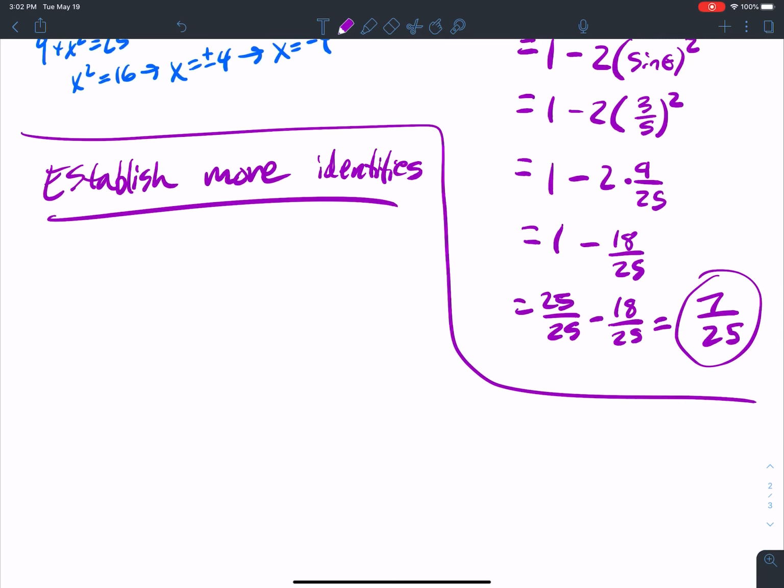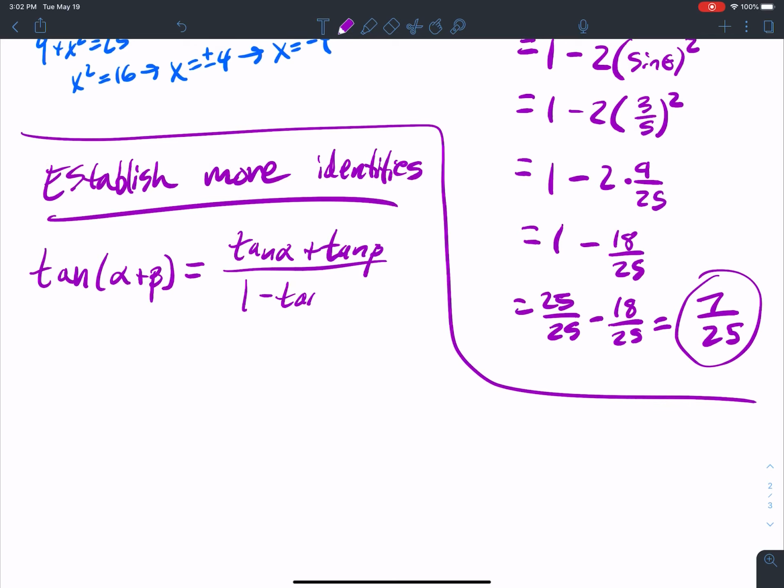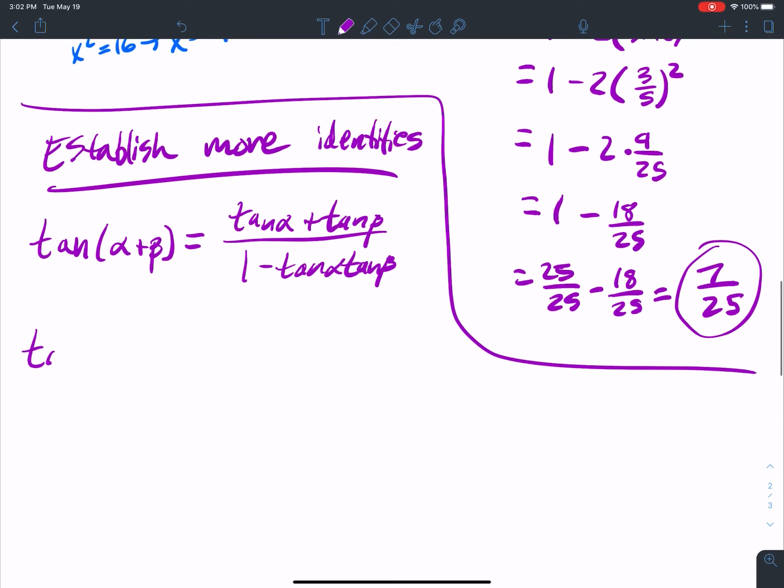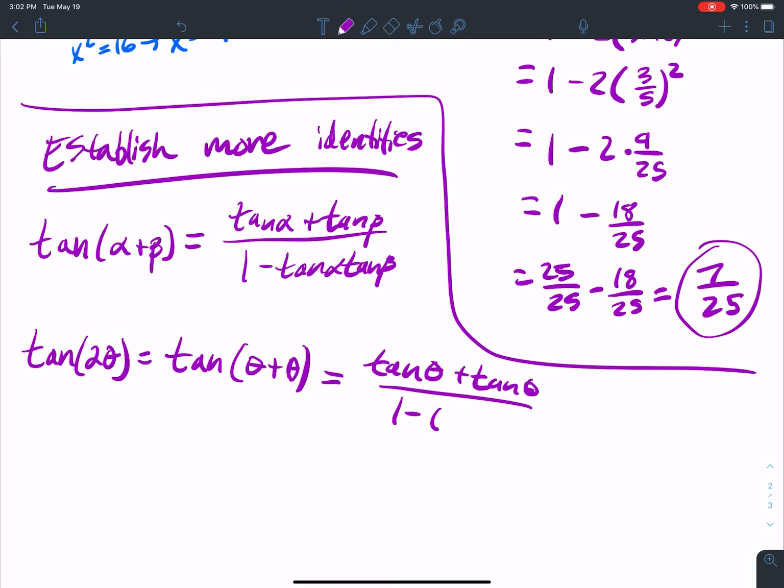All right. So tangent of alpha plus beta, if you'll recall, is tangent alpha plus tangent beta over 1 minus tangent alpha tangent beta. But if I do tangent 2 theta, this is tangent of theta plus theta, same trick we did earlier. And so that's tangent theta plus tangent theta over 1 minus tangent theta tangent theta.